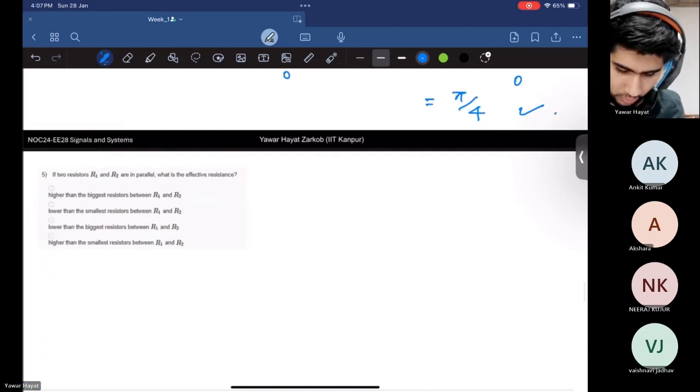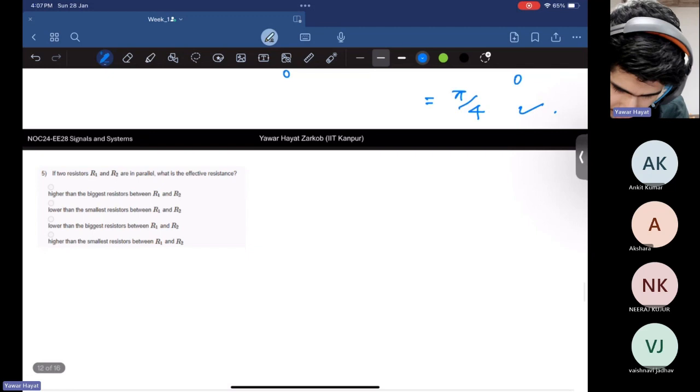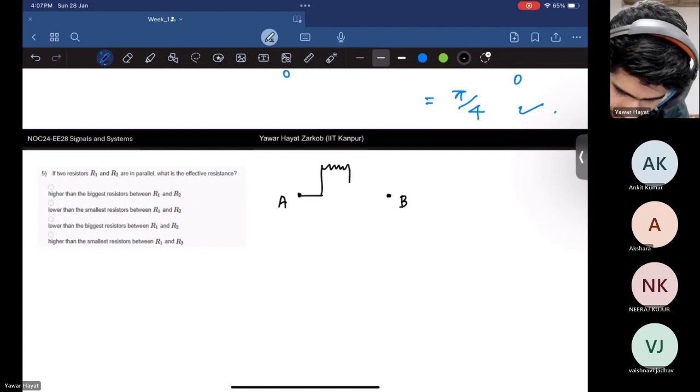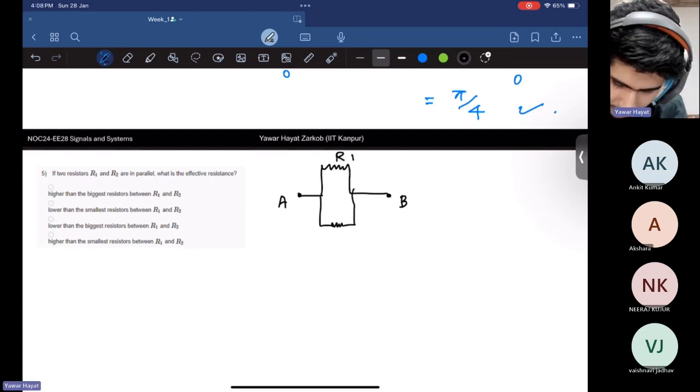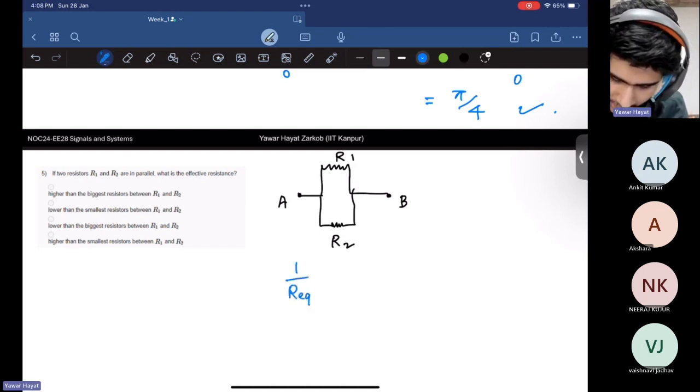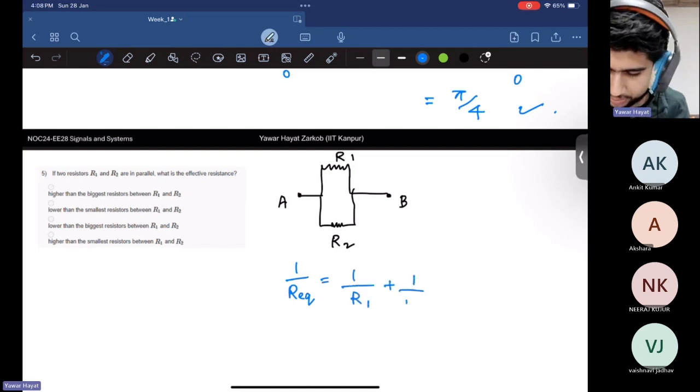Let's see why it is so. Given this configuration, R1, R2, 1 by R equivalent is equal to 1 by R1 plus 1 by R2.